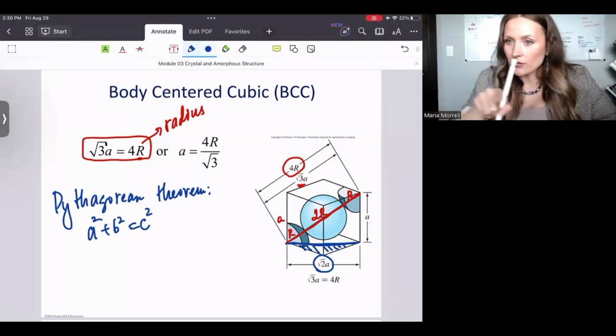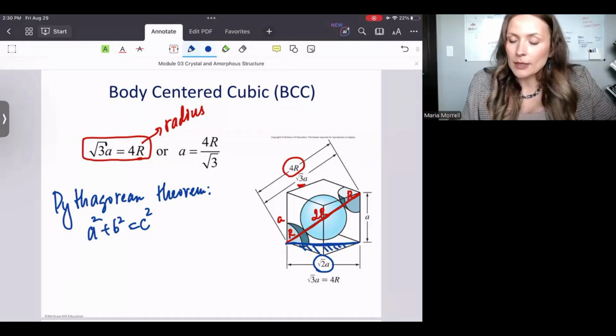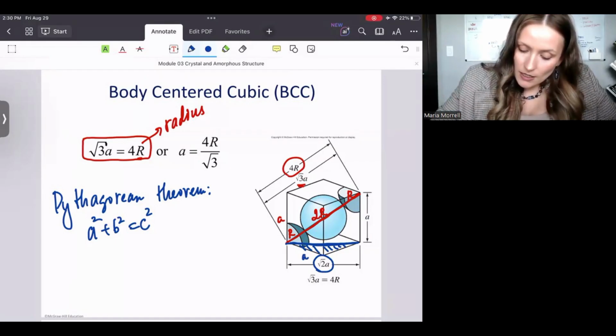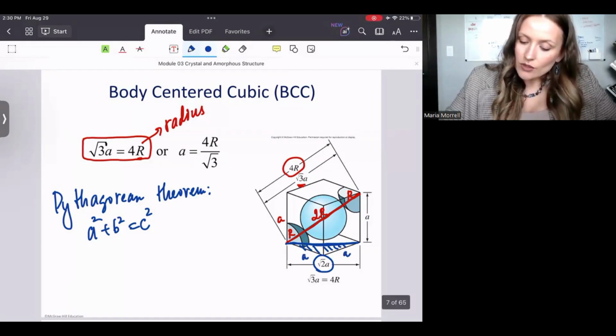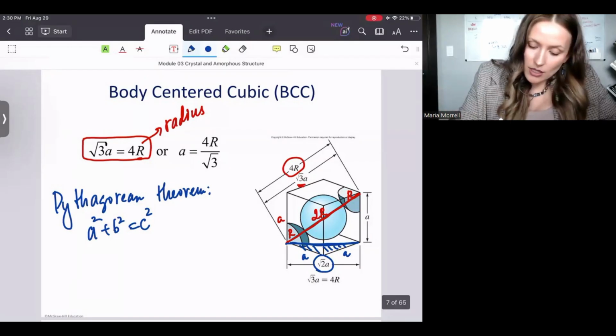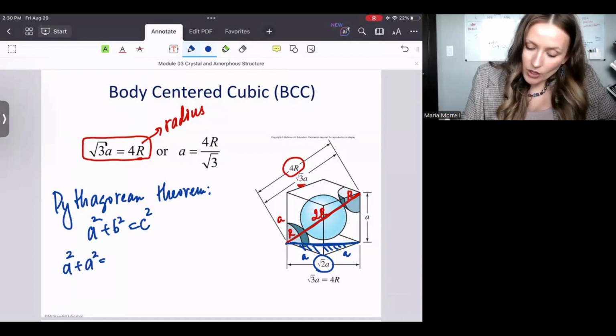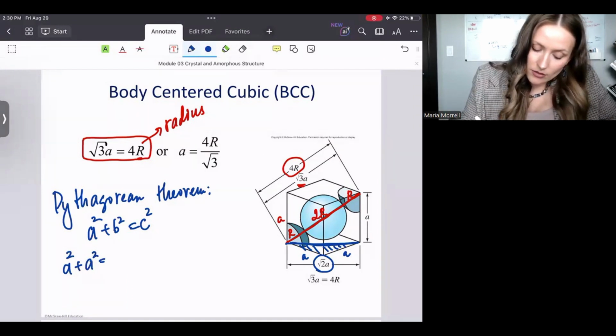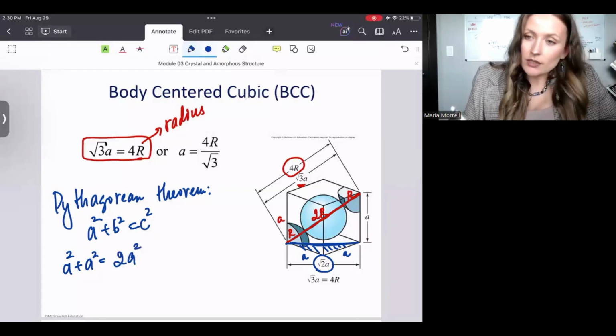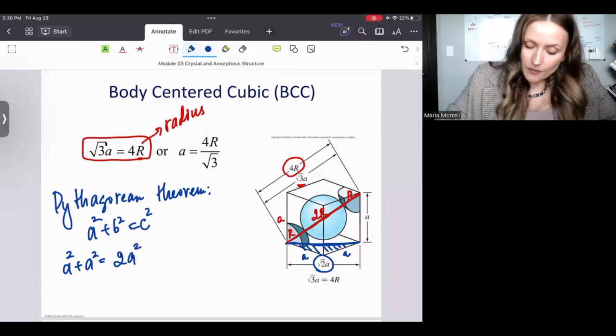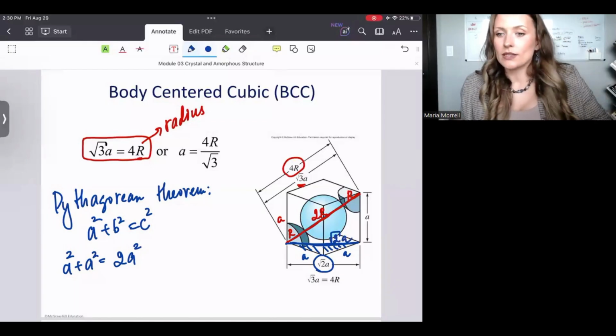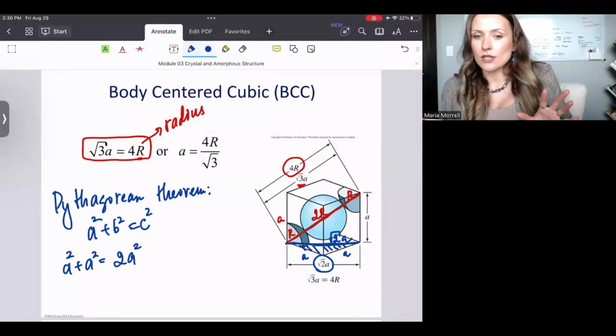And that's going to be exactly the blue line that I'm looking at. So if this is a, and if this is a, I know that that side is going to be a squared plus a squared is equal to whatever is there, which is 2a squared, right? That's the squared answer. So in here, it's going to be square root of 2 times a, right? That's how we arrived to this.